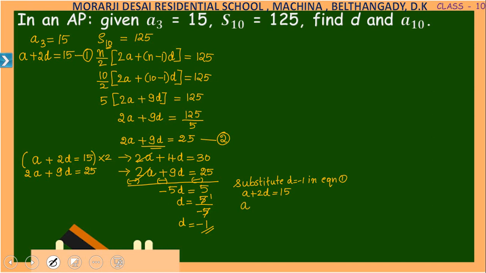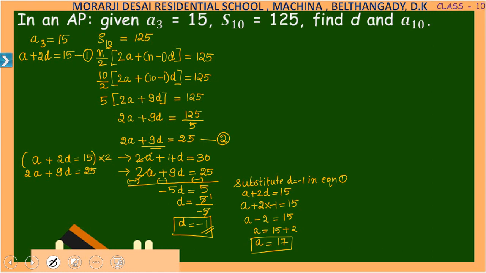So a plus 2 into minus 1 is equal to 15. Plus 2 into minus 1 is minus 2, is equal to 15. a is equal to 15 plus 2. That is a is equal to 17. Therefore, the value of a is 17. Value of d is minus 1.